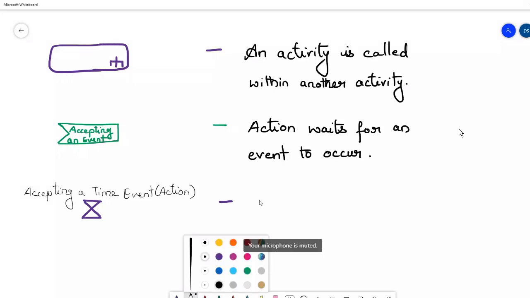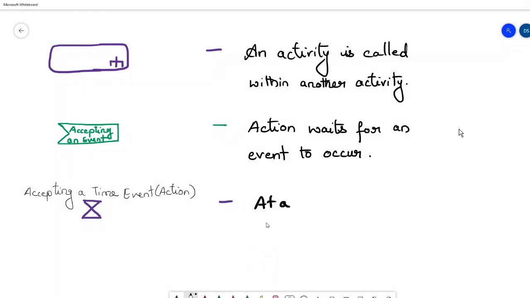So we can say that at a definite point in time, the action starts a flow in the activity diagram.